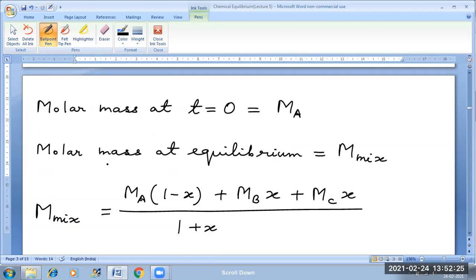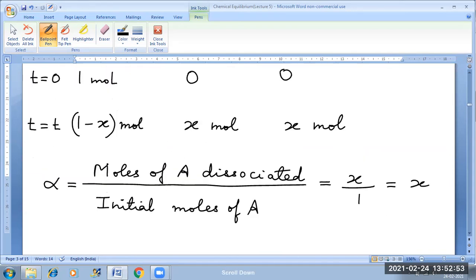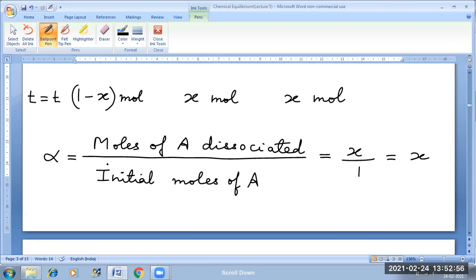This is the way to calculate the molar mass of a gaseous mixture. That is total grams in the numerator upon total moles in the denominator. So what is total grams? Total grams will be grams of A plus grams of B plus grams of C. And total moles will be again moles of A plus moles of B plus moles of C. If I look at moles of A plus moles of B plus moles of C at T equal to T, I can clearly add up the values.